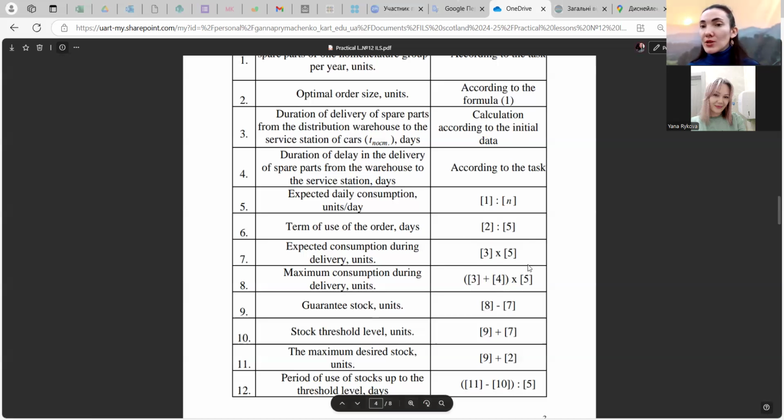So we multiply days by days, and in the result we get units. Yes, 0.3 is days, and 0.5 is units by day. So in the result, we have units, day and day. Mhm. Yeah, so good. Everywhere leave 2 points after comma.